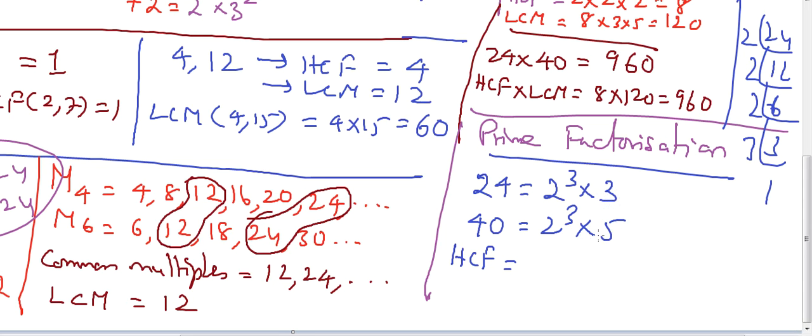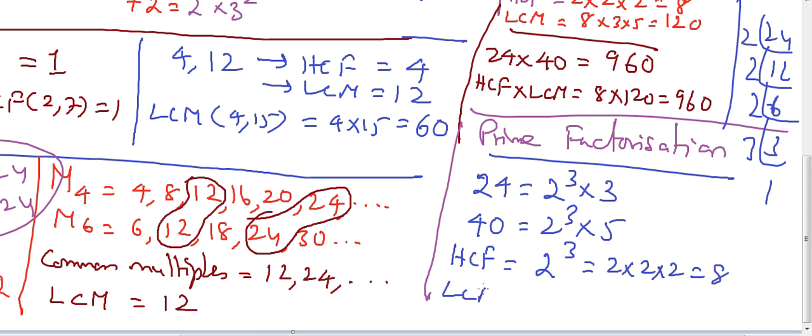Similarly, 5 is a prime factor of 40 but not of 24. So 2 is the only common prime factor. For the HCF, you have to take the smallest power of 2. Here both are 3, so you take 2 power 3, which is 2 into 2 into 2, equal to 8.